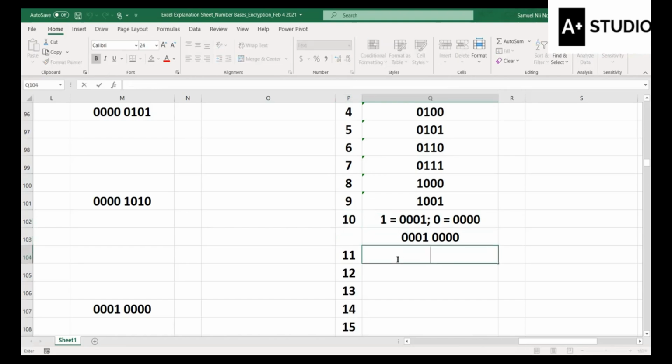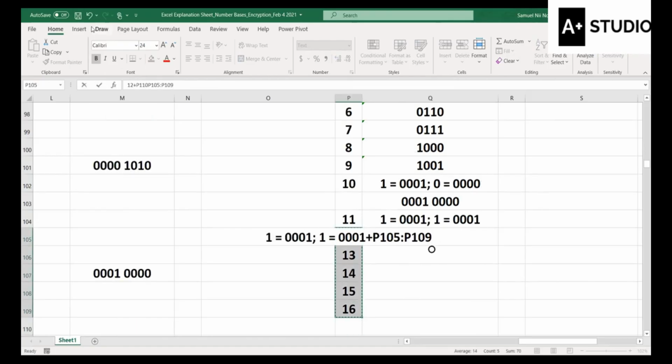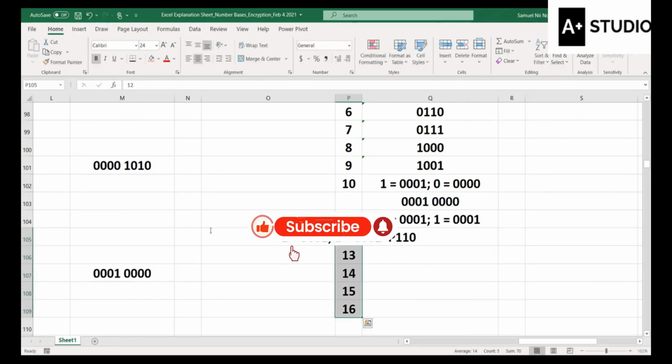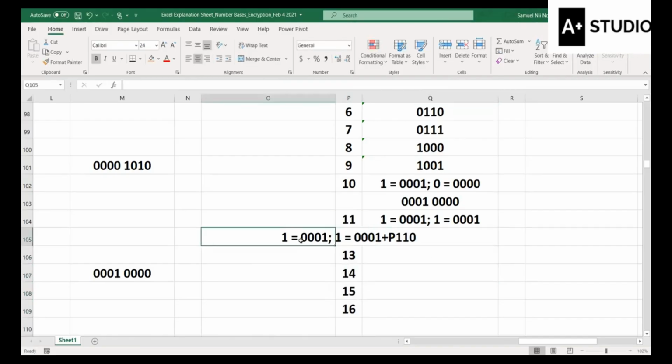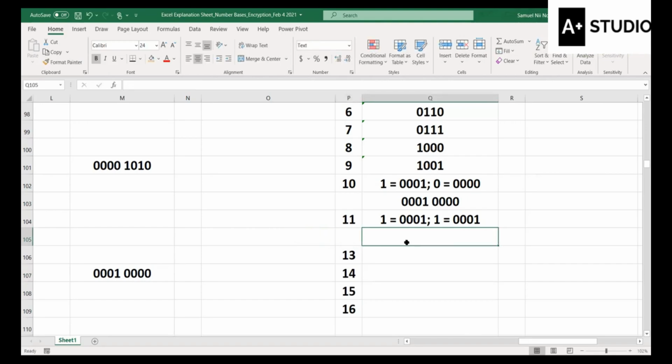Now, what about 11? The same thing. 11, 1 is represented as 0, 0, 0, 1. And then the other one will also be represented as 0, 0, 0, 1. So here, we are going to have 0, 0, 0, 1 followed by 0, 0, 0, 1.